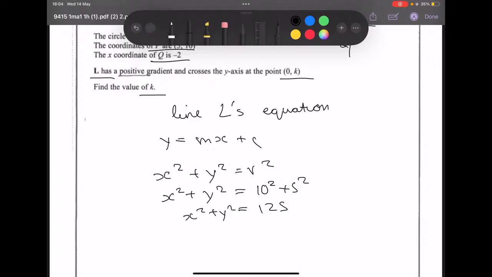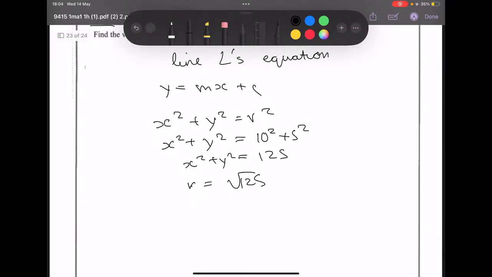Therefore the radius would be root 125. Therefore, point Q equals plus or minus the square root of 125 subtract minus 2 squared.